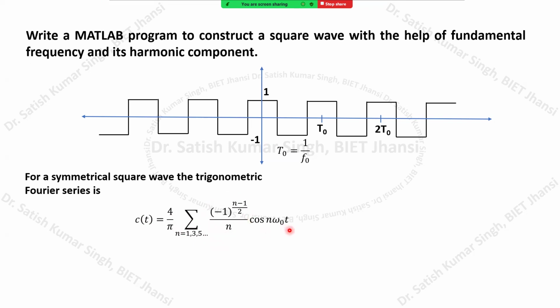So we can see this summation will go over all odd values of n, up to infinity. If we generate such cosine signals and add all those infinite harmonics, then we will be able to construct this square wave.